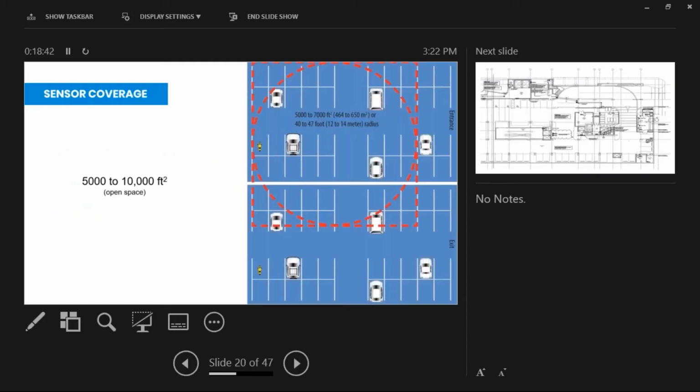And then sensor coverage comes into play. How much coverage will a sensor monitor? How much area will a sensor monitor? And when it comes to the area that a sensor will monitor, you can kind of think of it like a light bulb. If you put a light bulb in the center of the ceiling, you're going to get 360 degrees of light.